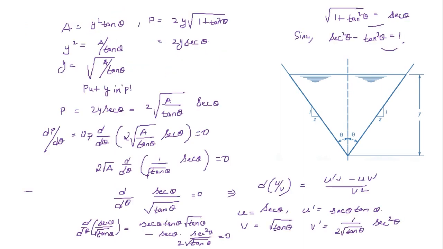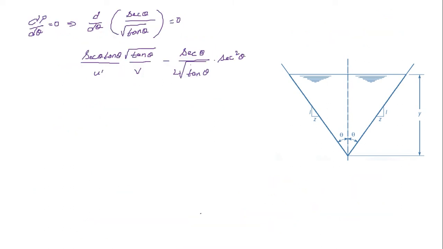So this is the equation we got here. See, secant theta tan theta into root over tan theta minus secant theta into secant square theta by 2 root tan theta, that equals to 0.